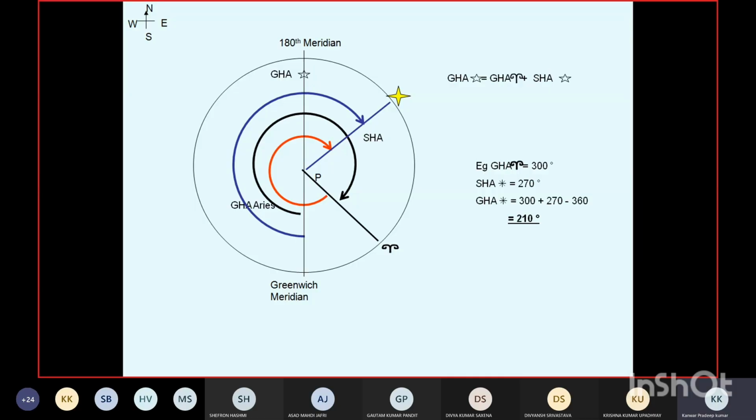So GHA star is equal to GHA Aries plus SHA star. If you are done with this, I will move on. Any questions, anyone on this, gentlemen?